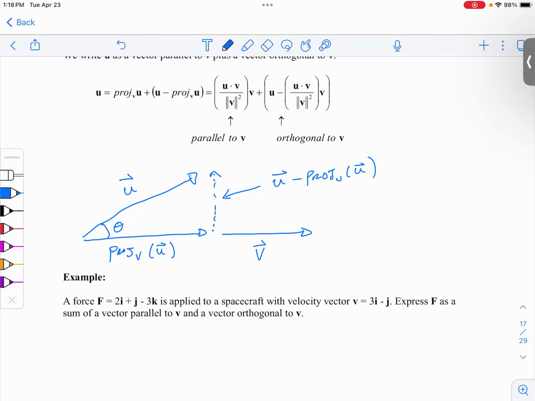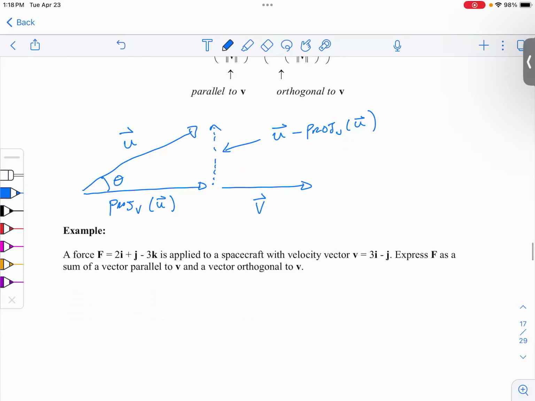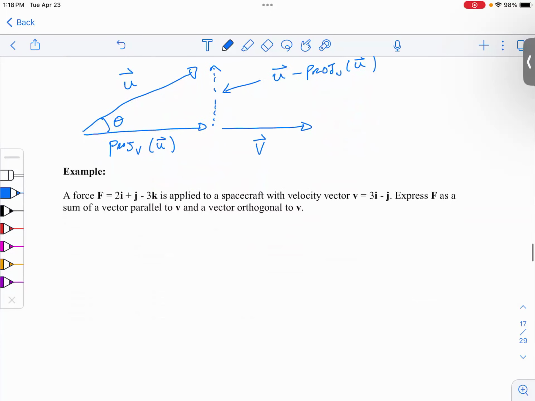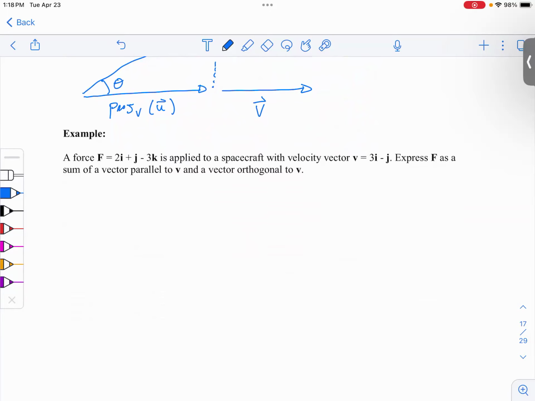And that breaks it into a parallel and an orthogonal piece. So along those lines, I have a force F applied to a spacecraft with a velocity vector. Forces and velocities, physics all the way. Express F as a sum of a vector parallel to V and a vector orthogonal. That is vector projection all the way.